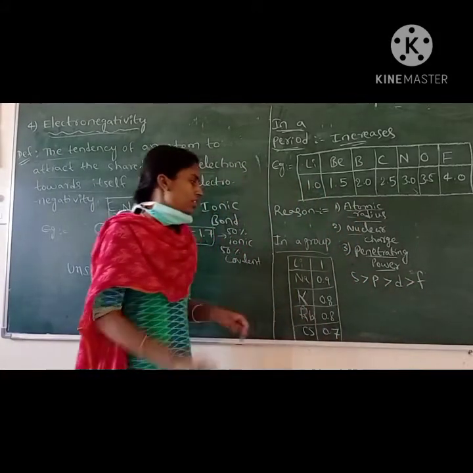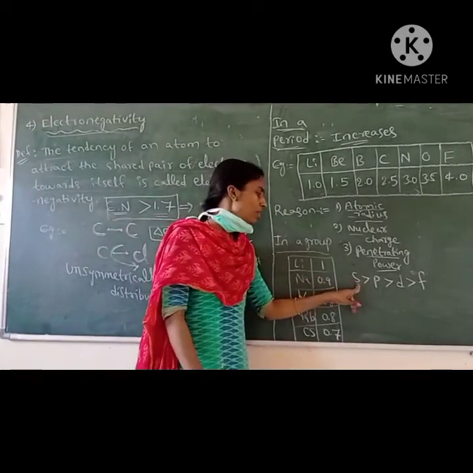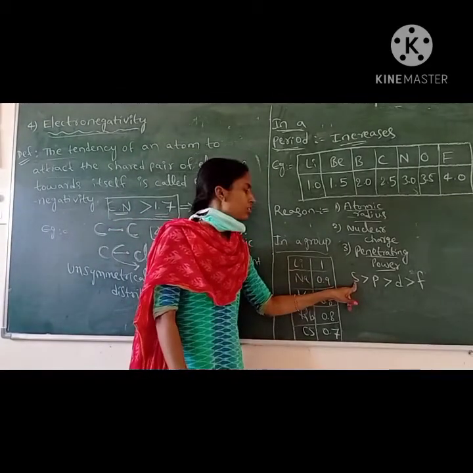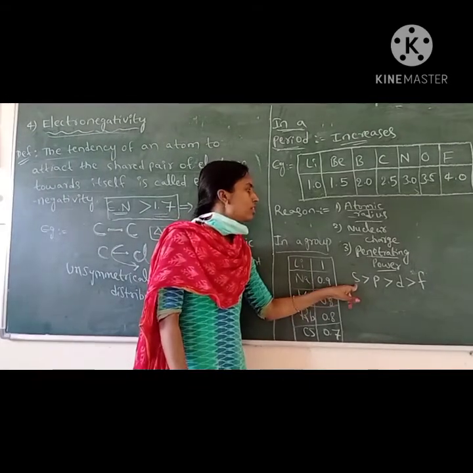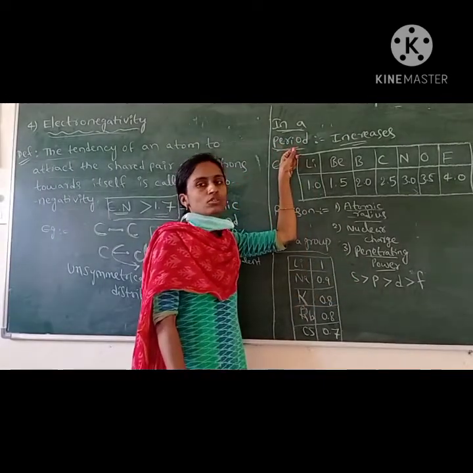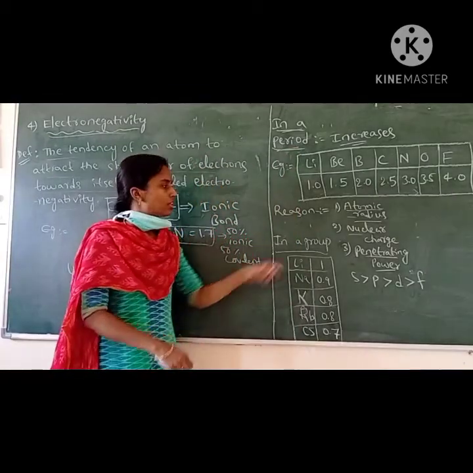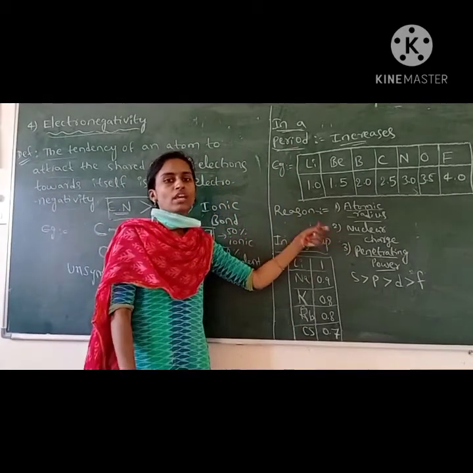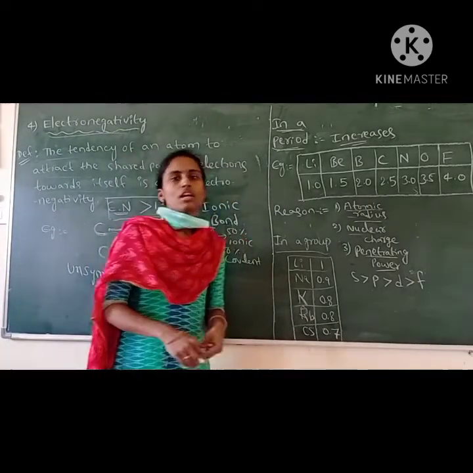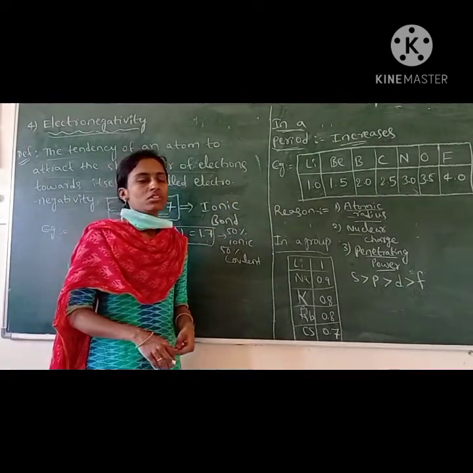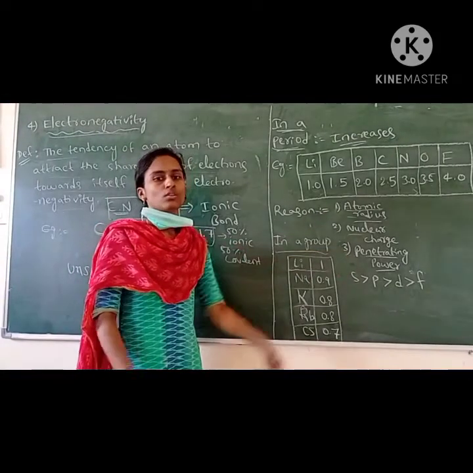So if in a compound the s character is more, for a particular orbital, then the electronegativity is also more. So these are the three factors affecting why this increases in a period. These are the factors affecting the electronegativity.